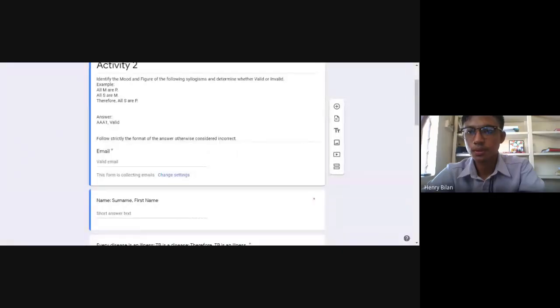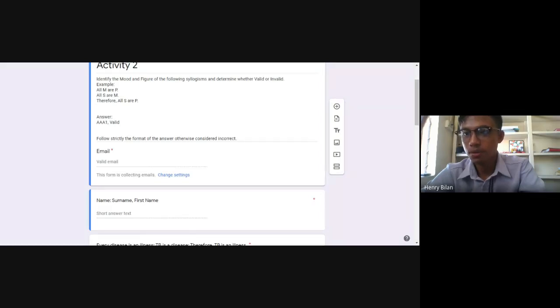Okay, so let me share the, just wait for a while. So you're going to diagram the 10 syllogisms, yung 10 syllogism na ginamit natin sa inyong last na activity. So you're going to use a pen and paper, of course.